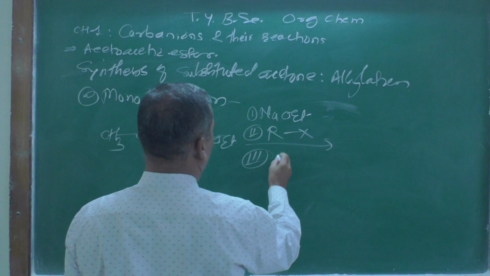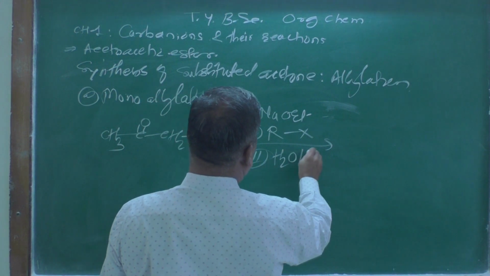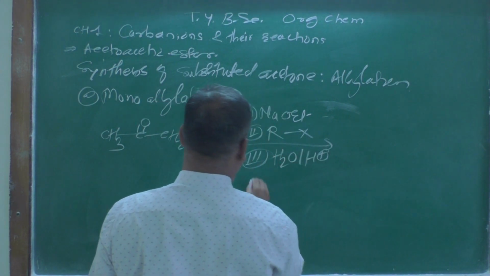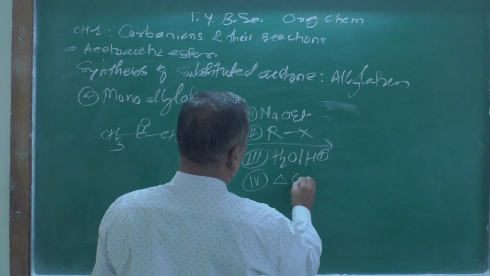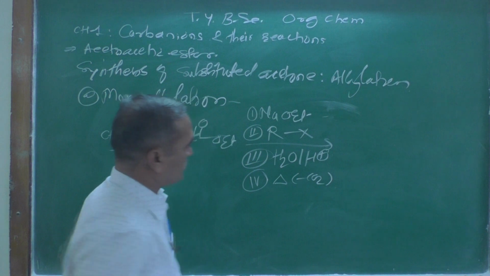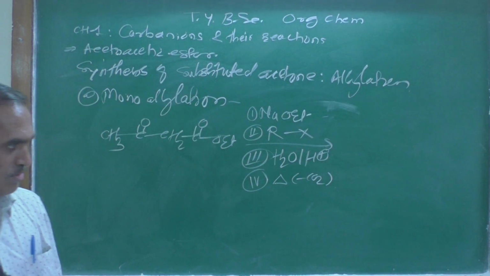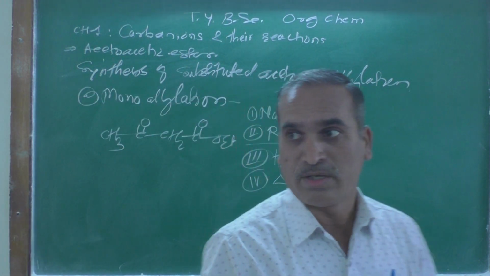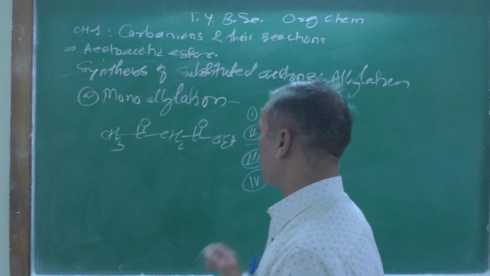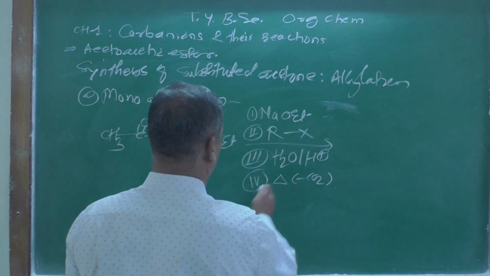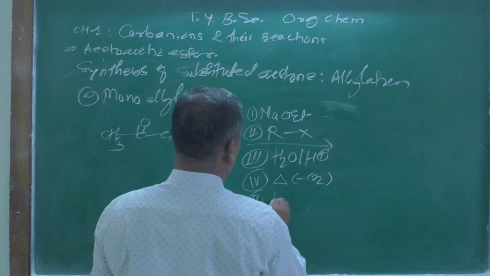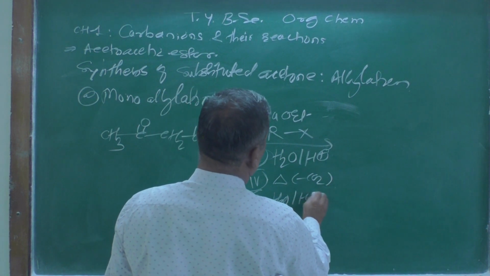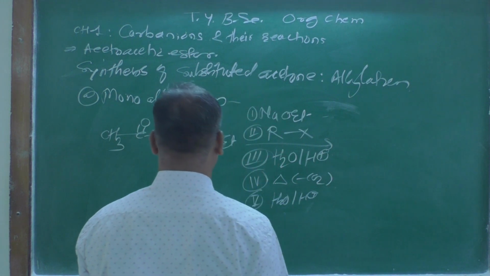Third one will be hydrolysis, H2O in presence of H plus, and fourth one is heating, there is a decarboxylation, CO2 is evolved in this process, that type of process is called decarboxylation. And fifth one is H2O in presence of H plus.